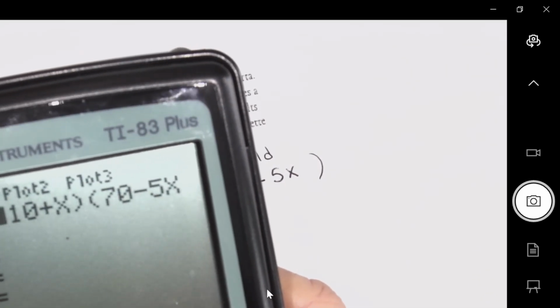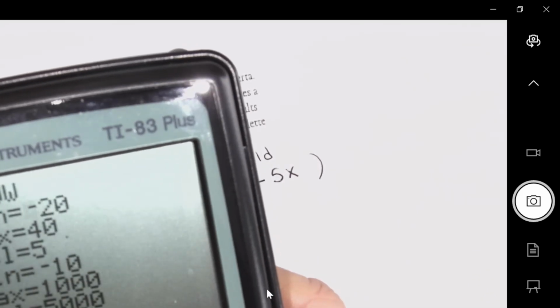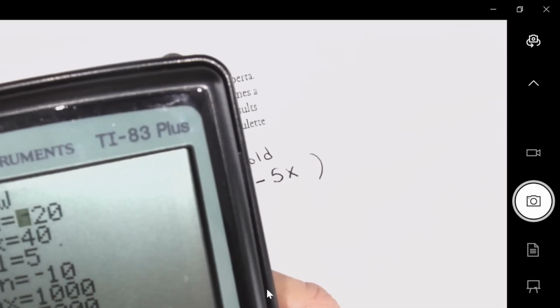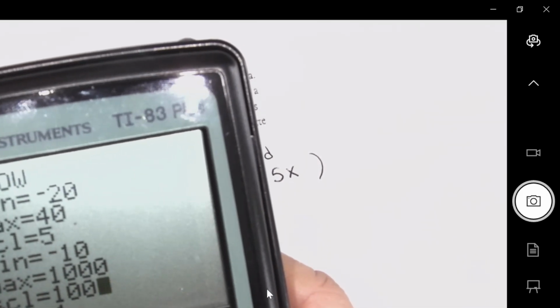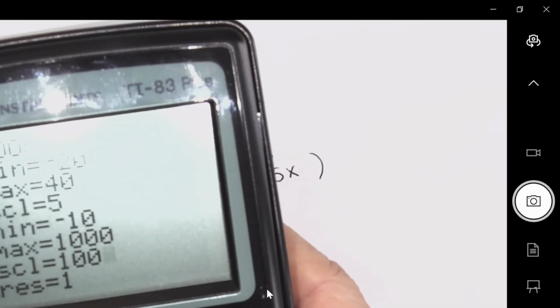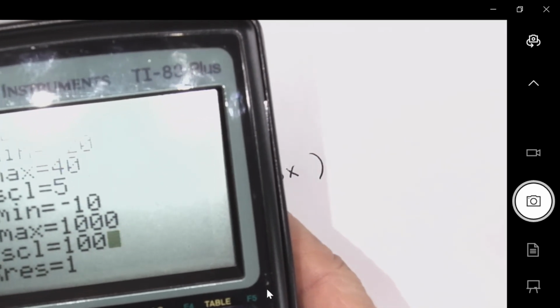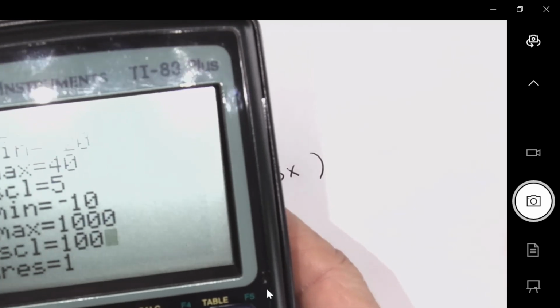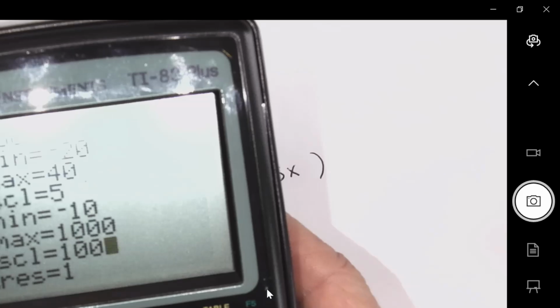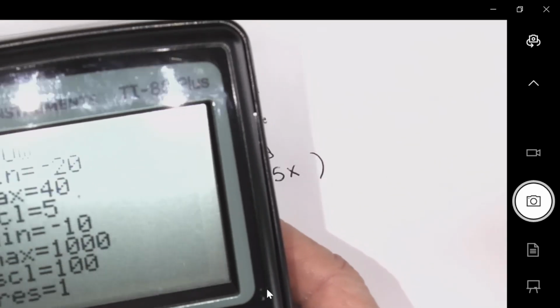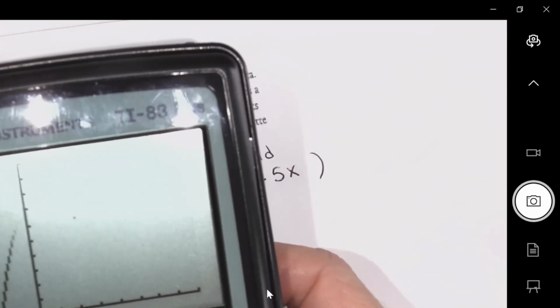Or your window, did you change your window yet? Yeah, I zoomed out a ton. Okay, well, let's go to the window here. I'm going to do 900. Can you give me a Y max of like 1,000? Because I thought the revenue at the start was 700, so that's where I got that number from. I'm going to jump by 100. What does it look like?